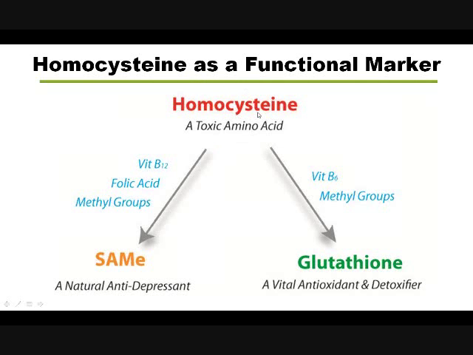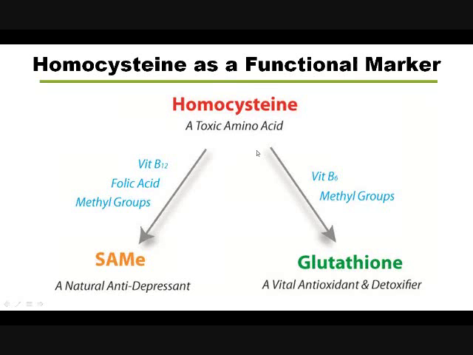It's a toxic amino acid that the body makes from protein you take in your diet. Now, if you have B12 and folic acid and methyl groups, which is a carbon and 3 hydrogen atoms together, then homocysteine will be converted into SAMe, which is a natural antidepressant. If you do not have enough B12 or folic acid or methyl groups around, then the homocysteine level starts to go up. So this is a functional marker.